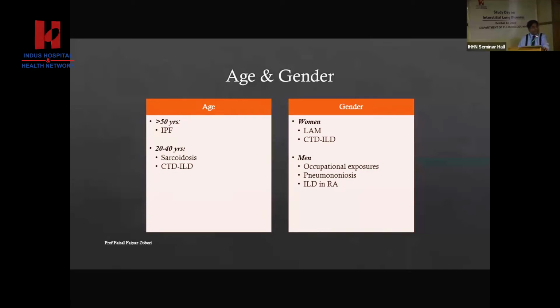In women of fertile age, LAM, lymphangioleiomyomatosis, one has to consider along with connective tissue associated interstitial lung disease. In men, obviously, one needs to ask about occupational exposures, pneumoconiosis, and especially ILD and RA, which is somewhat more common in men in contrast with other connective tissue disorders, which are more common in women.